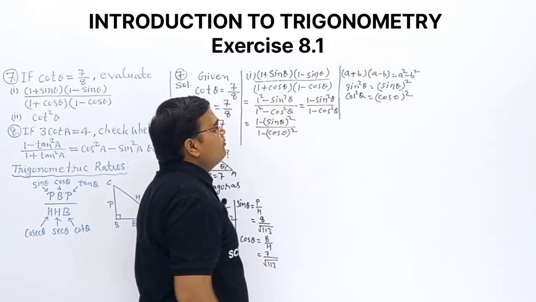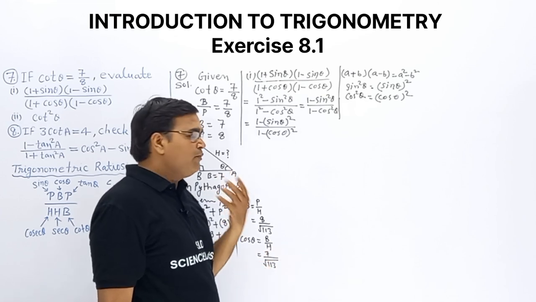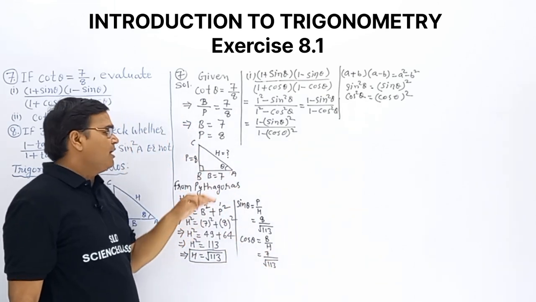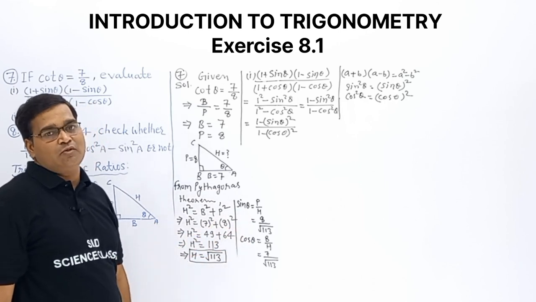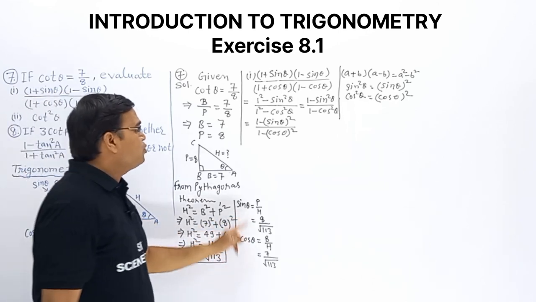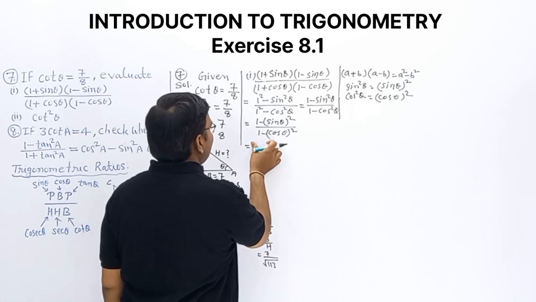Now to solve this, we want sin theta and cos theta. How will we find these values? We have a right triangle with all sides, so we can easily find these two ratios. Clear?